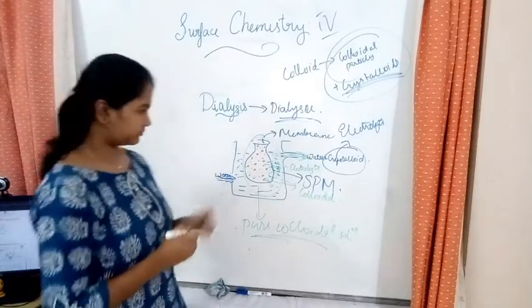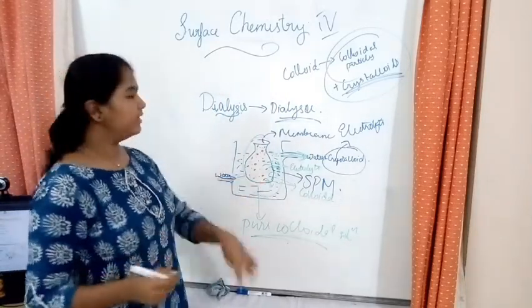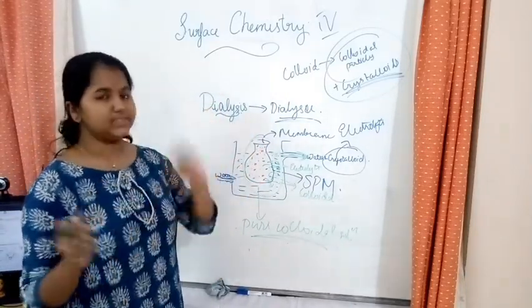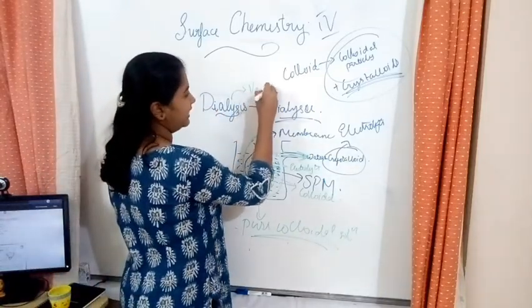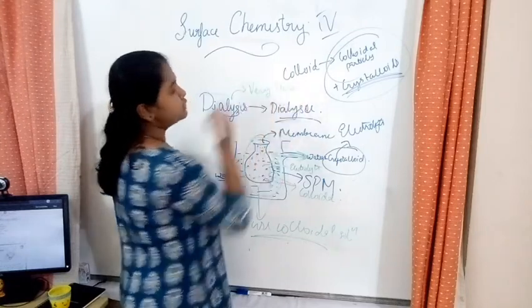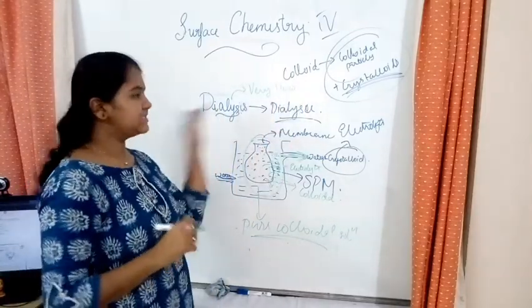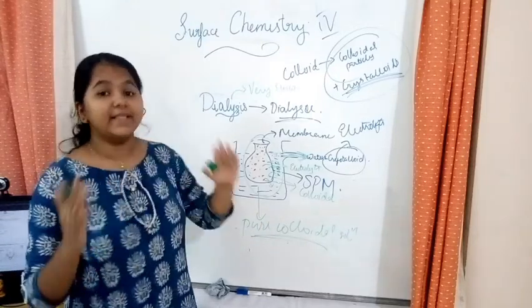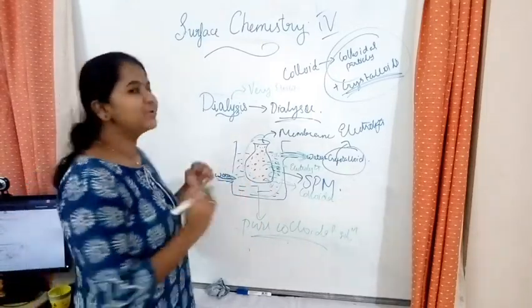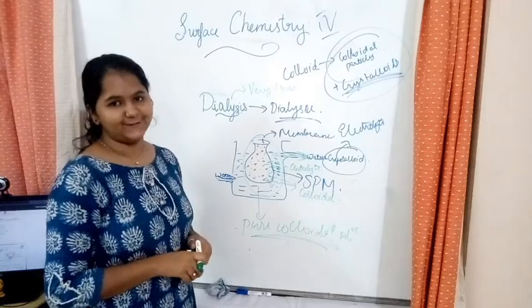This process is called dialysis, and it is a very slow process. To speed it up, electricity is passed through, and that is how our third method of purification comes: electrodialysis. Let's see that also.